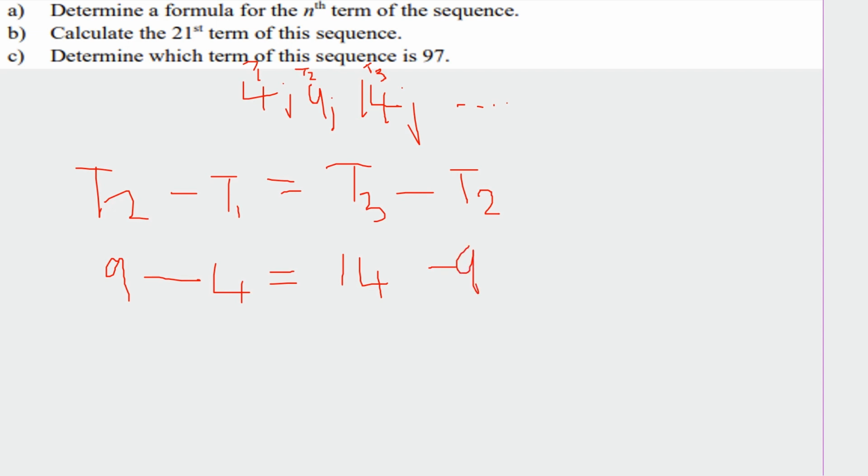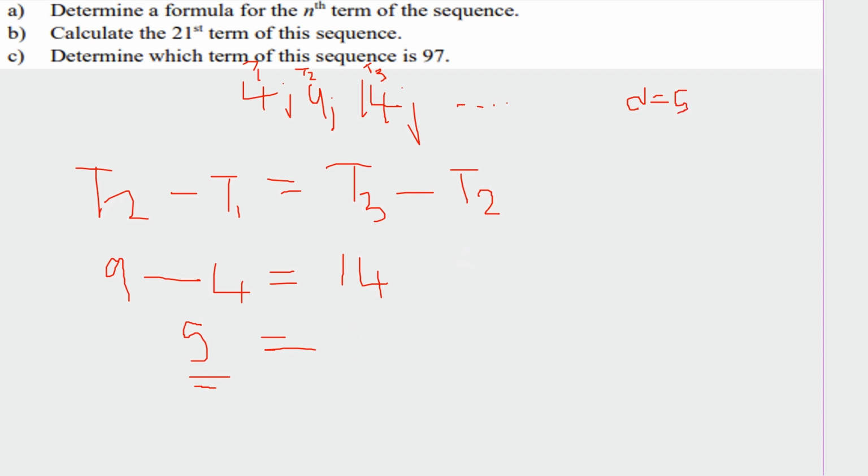So basically you will say now 9 subtract 4, which will give you the value of 5. And then also 14 subtract 9 will give you the value of 5. So basically from here we can conclude to say now the sequence that we have is an arithmetic sequence because it has a constant difference which is equal to 5.